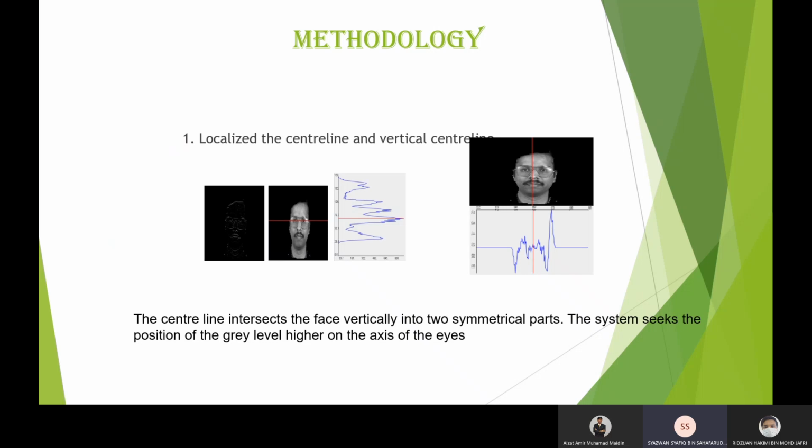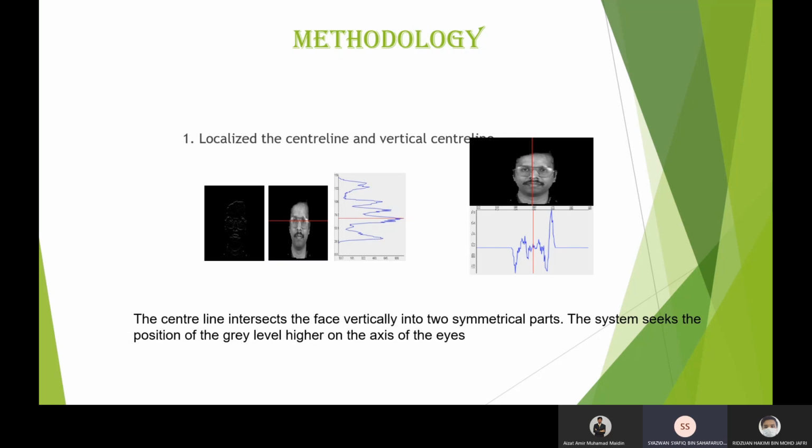So I will explain the methodology that has been used to do face recognition. There are three main parts. The first one is to localize the central line and the vertical central line. The central line divides the face vertically into two symmetrical parts.